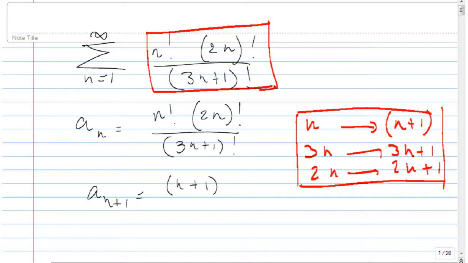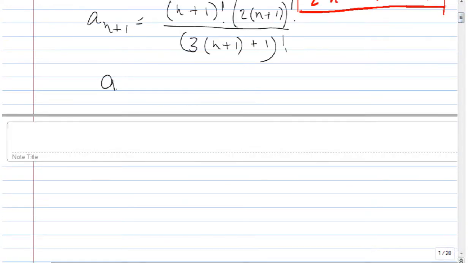Okay, so we have (n plus 1) factorial times (2 times (n plus 1)) factorial over (3 times (n plus 1) plus 1) factorial.